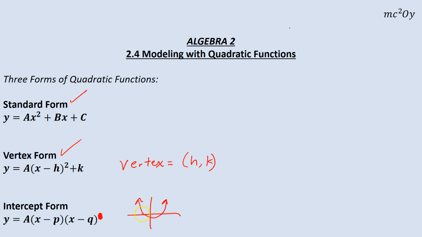So maybe something like this, where this would be p and that would be q. And in vertex form, you're given the vertex of your parabola, your (h, k) value. All right, so three different forms there.